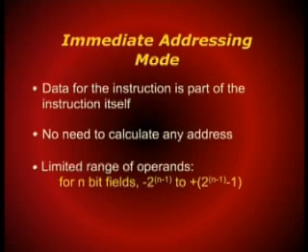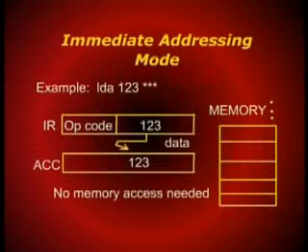For example, if there are n bits available for specifying immediate addressing mode, then from a reference point we can just address the instructions as minus 2 raised to power n minus 1 up to 2 raised to power n minus 1 minus 1.